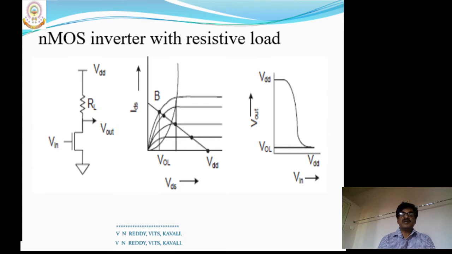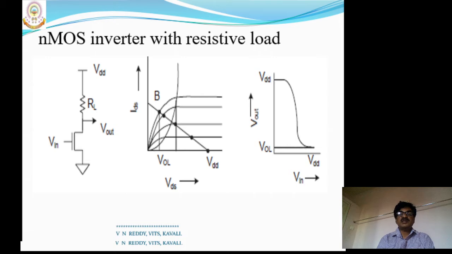Suppose the Vin is 0. What is the state of the pull down NMOS transistor? It is in off state. Off state means acts as an open circuit. Hence the output is an open circuited voltage.